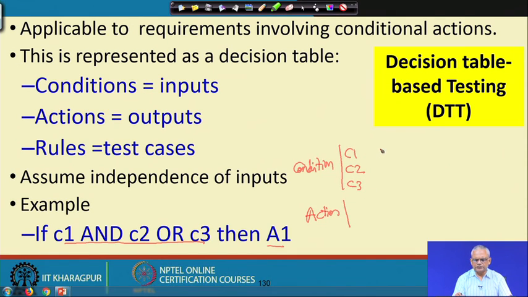And let us say the condition is for C1 it is true, C2 is true and C3 is true. C1, C2, C3 are all true, and then the action is A1.